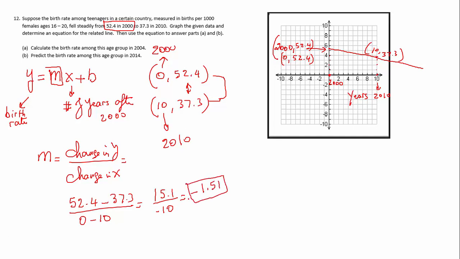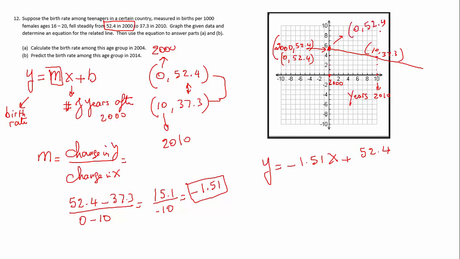the line. Now it's a negative slope, and since we're going to start at the year 2000, we can estimate the equation to be negative 1.51x plus, at the year 2000 or the year 0, we have 52.4. So remember, the 52.4 is the y-intercept.